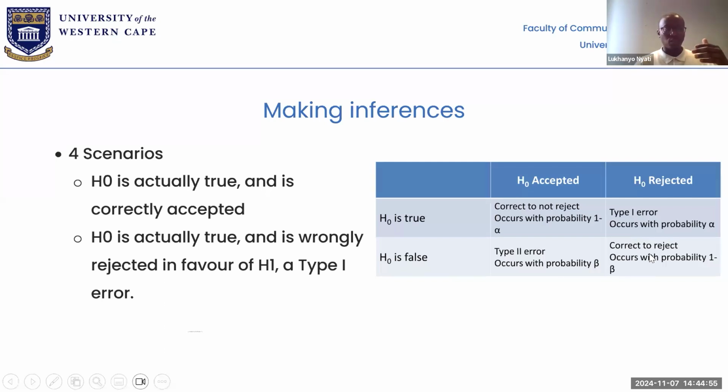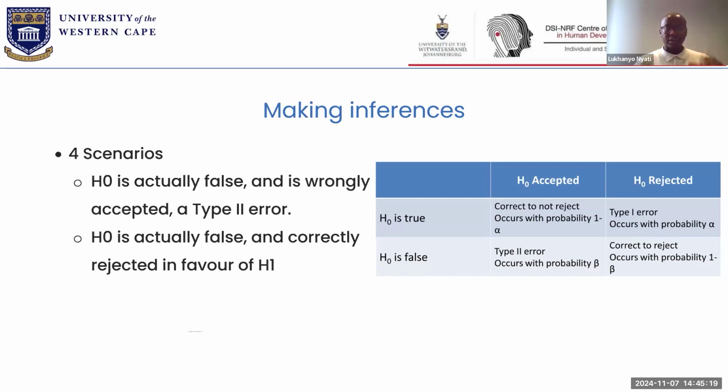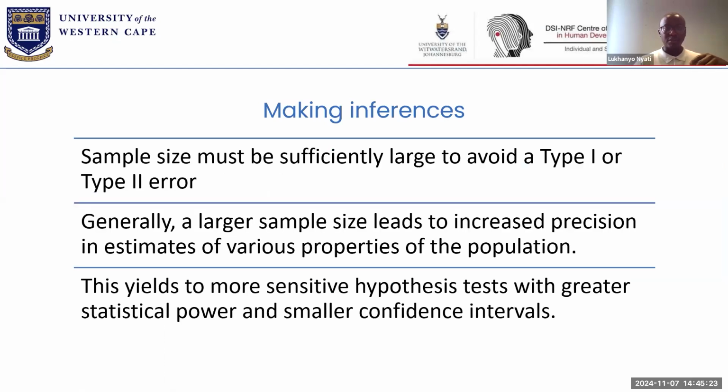You may want to set your test as 1 minus 0.2, which is 80%, or 1 minus 0.1, which is 90% power, all right? And this is a case where you're able to correctly reject the null hypothesis, all right?